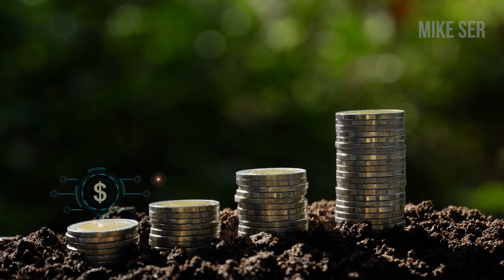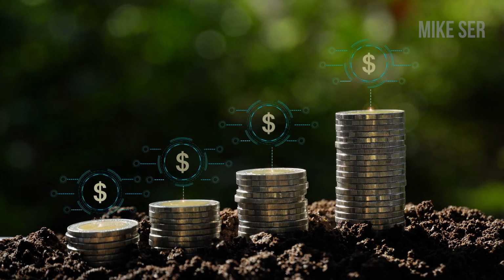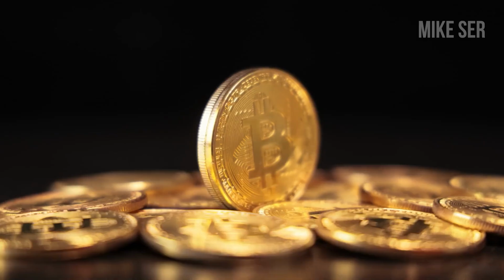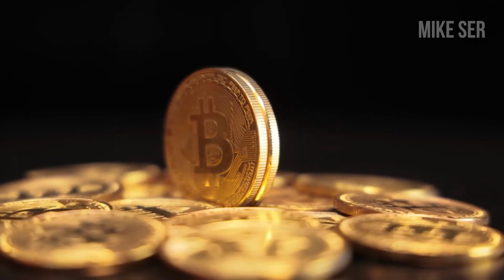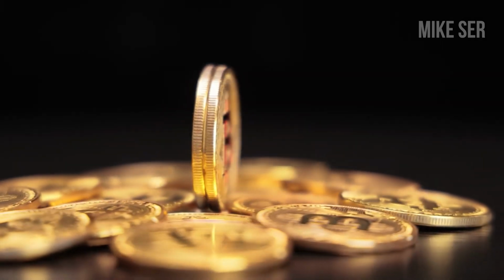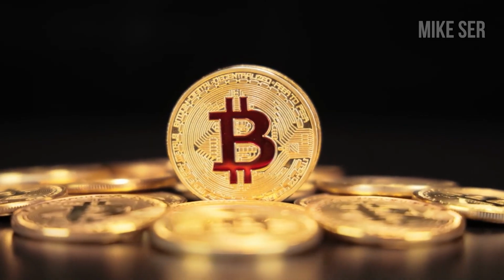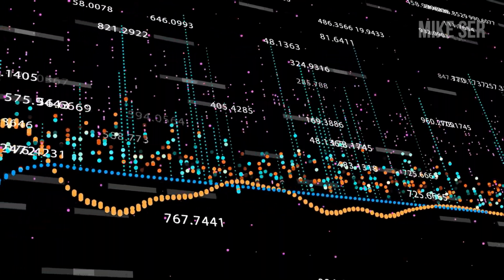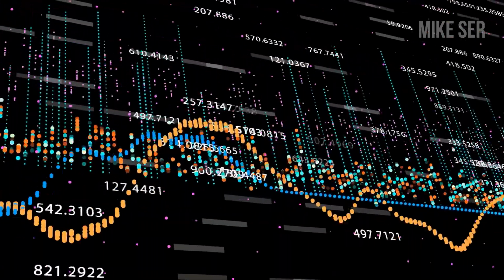Now, as a comparison, the entire cryptocurrency market has risen from a virtually non-existent market to a total market capitalization as high as over $3 trillion, with Bitcoin accounting for almost 1/3 of the total market cap. Now, the bottom line is anyone who has invested in Bitcoin or any other popular cryptocurrency early has done extremely well. However, the cryptocurrency market is extremely volatile and has undergone several market crashes.